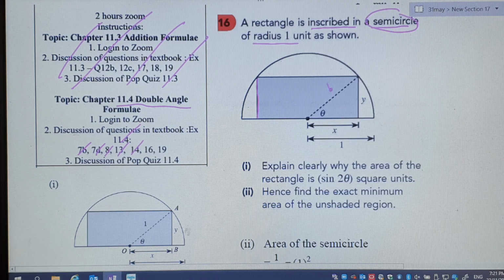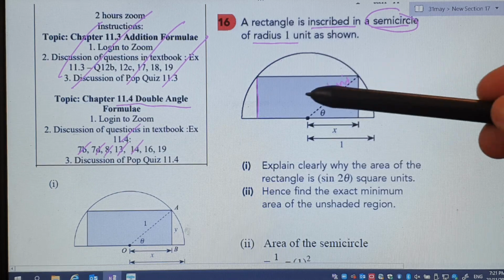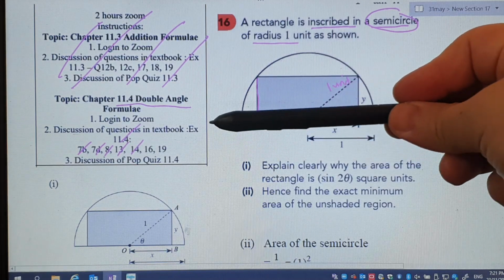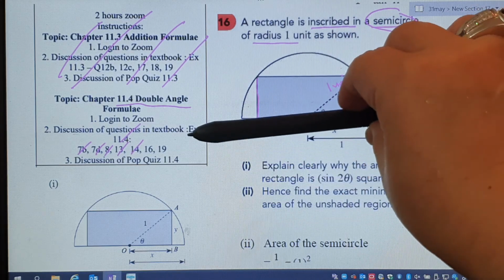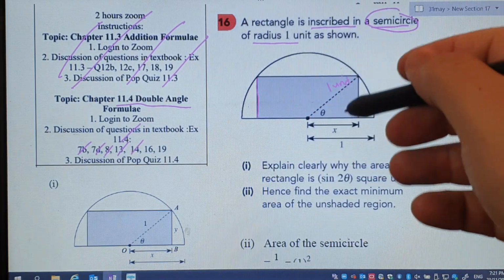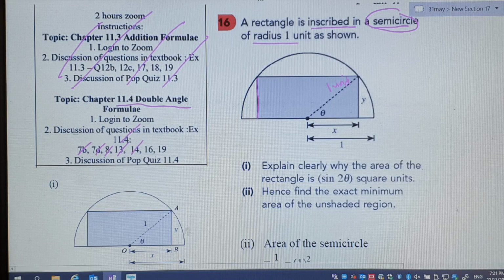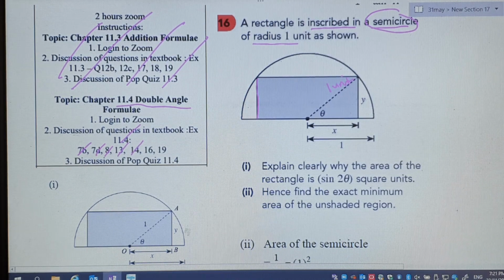That means this is 1 unit. Now, what does it mean by 1 unit? How come they don't say 1 cm or 1 meter or whatever? You can think of it as the x and the y axis, the coordinate scale, like a graph with x and y axes. So we think of this as 1 unit on the coordinate axis.